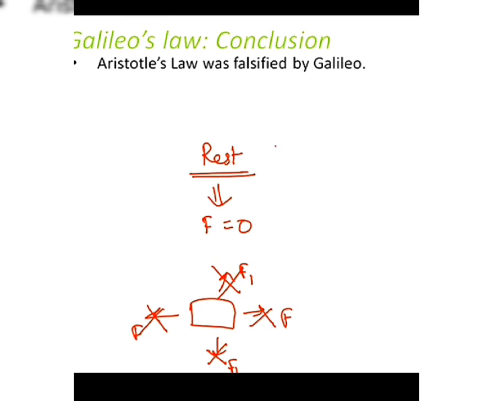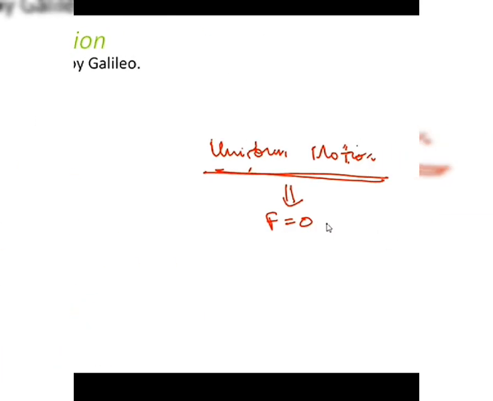there is another scenario when the body is in uniform motion. Now, see, in this case, the body is moving with constant, uniform velocity. Here also the net force acting on the body is zero. Because when some external force is applied, what happens to velocity? The velocity increases, or when there is some obstruction, the velocity may decrease.